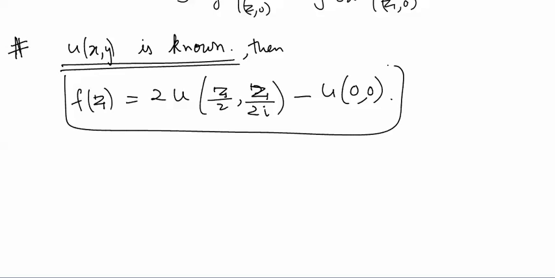I'll tell you how you will get the answer directly in one line. Let's take an example, you'll understand it much better. This is only for the real part known, not the imaginary part.